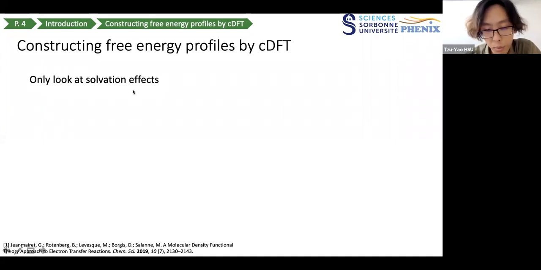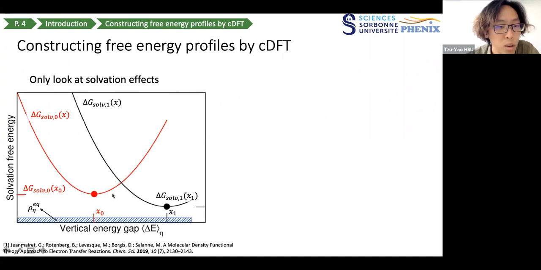And to have a precise calculation of reaction free energy, we need very accurate quantum mechanical calculation.